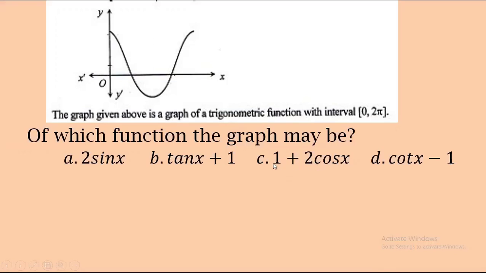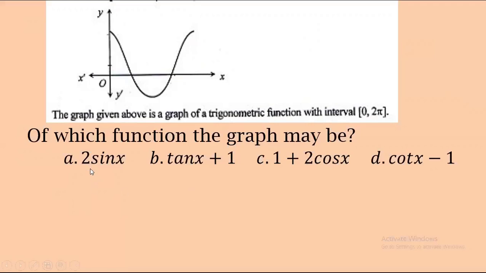So the maximum is 3. And the minimum is d minus a, that is 1 minus 2, that is minus 1. So this portion and this portion are almost double. So this is how we take the decision.